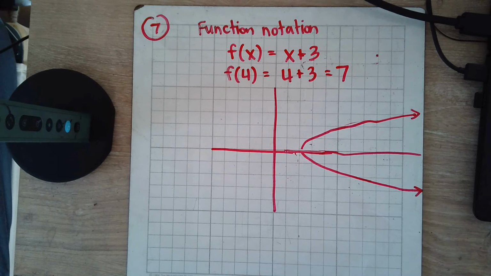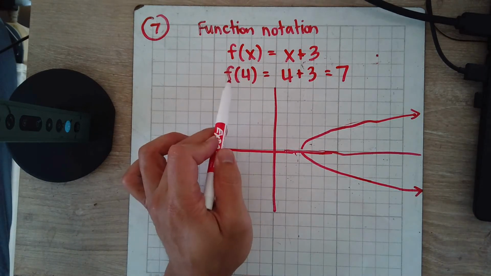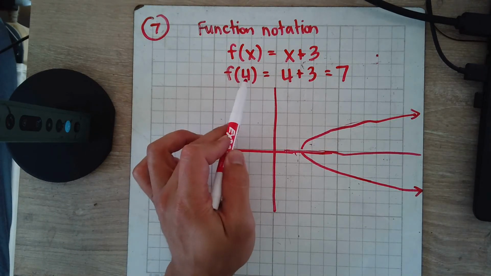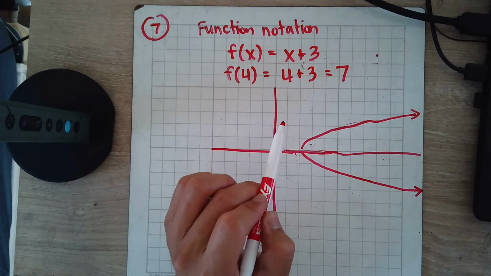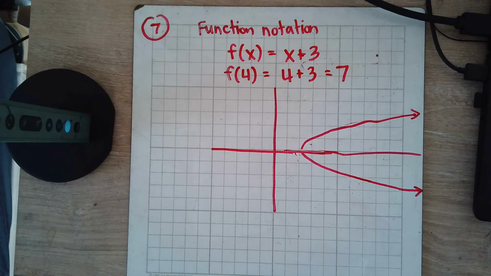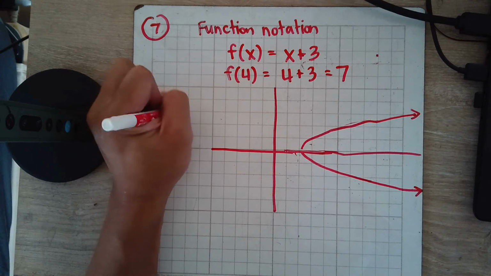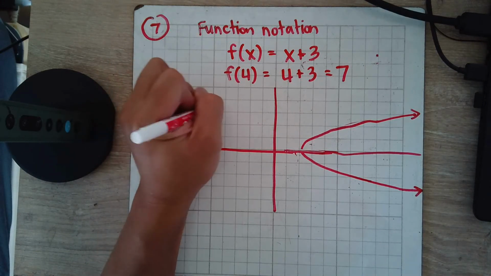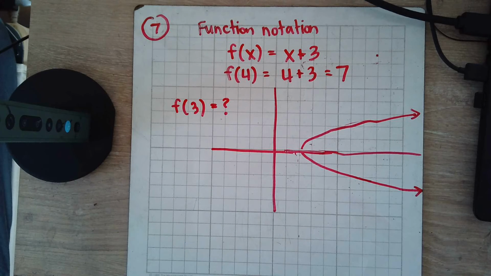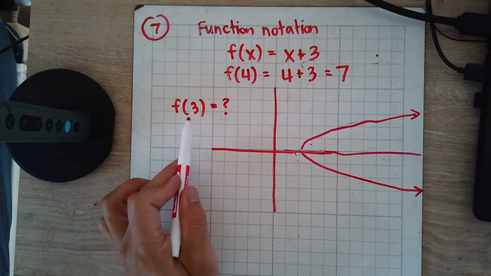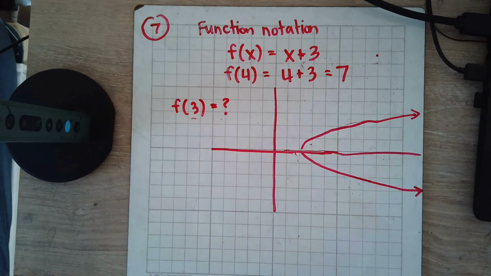So whenever I have something that says f of whatever number, I know that whatever number goes in there is going to be my input. So with this problem, it says that I have f of 3, and they're asking us what that's equal to. Well, 3 is my input, so once again, let's just relate this to coordinate points.